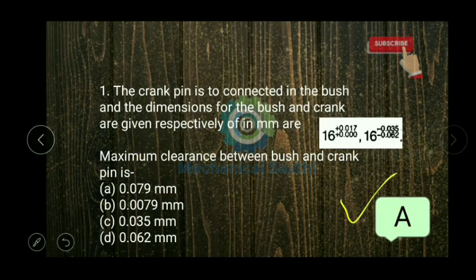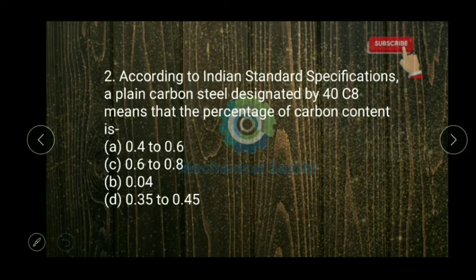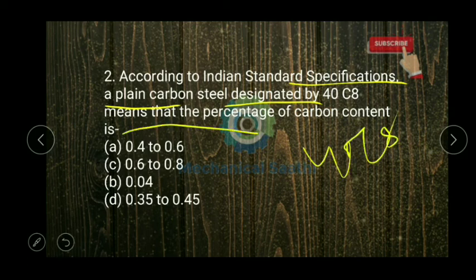Let us move forward towards the next question. According to the Indian standard specification, a plain carbon steel designated by 40C8, we need to tell the percentage of carbon content. How much carbon is present in that steel?